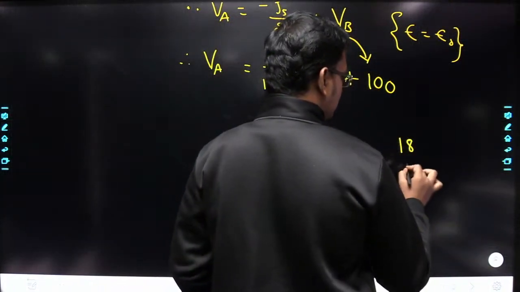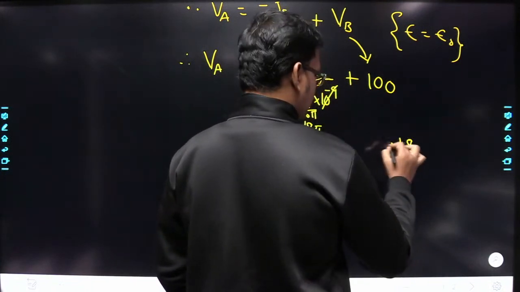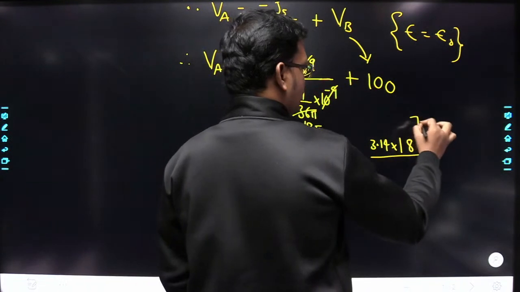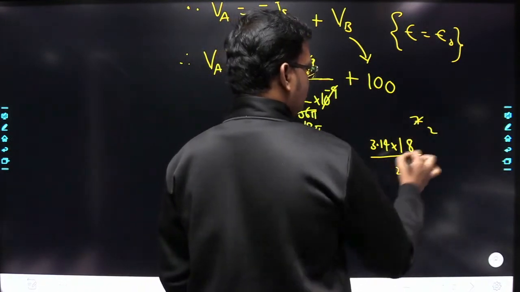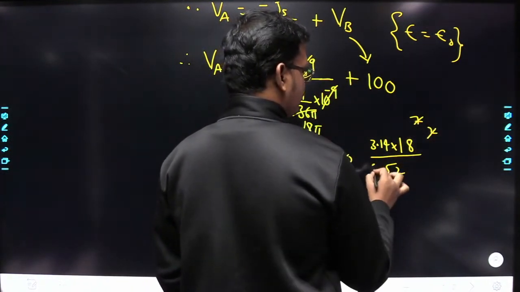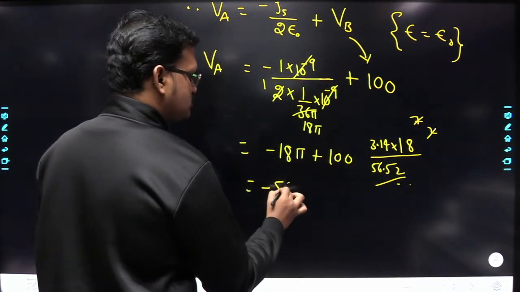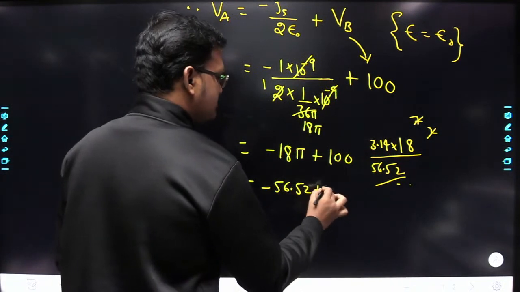What is 18 pi? 18 pi is nothing but 18 into 3.14. If you do this, you are going to get 56.52. So that is minus 56.52 plus 100.